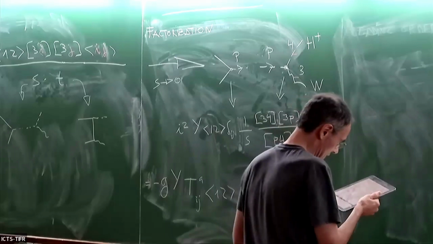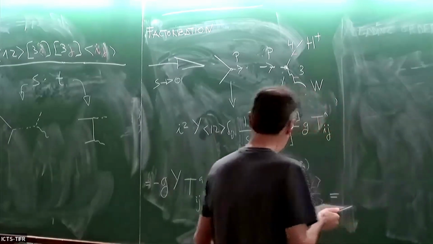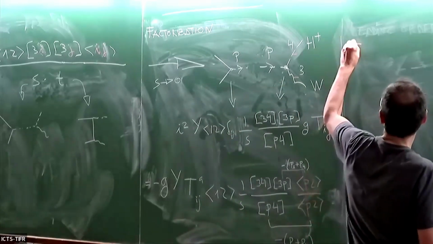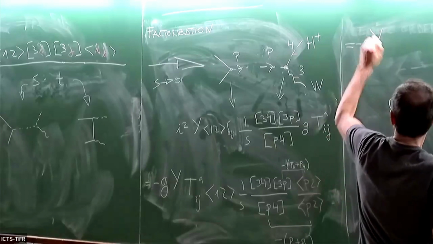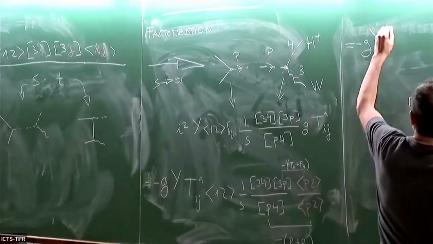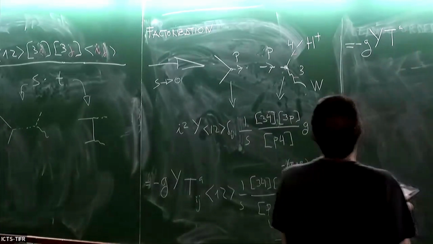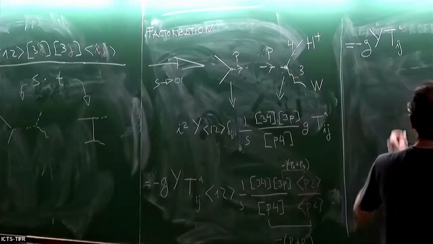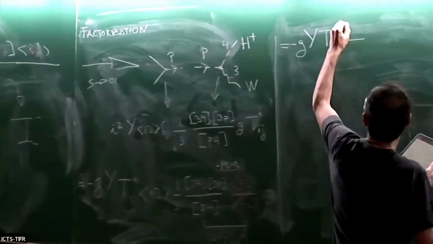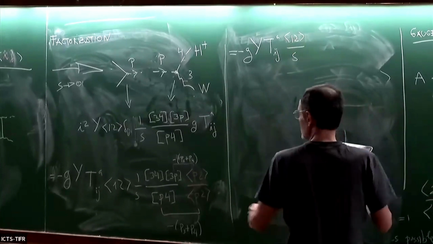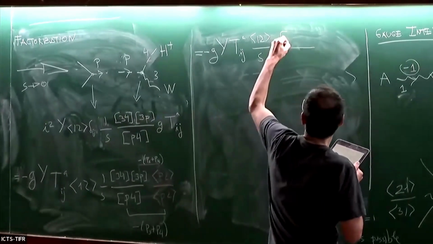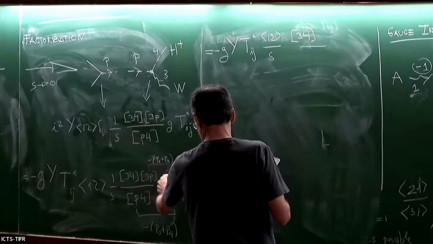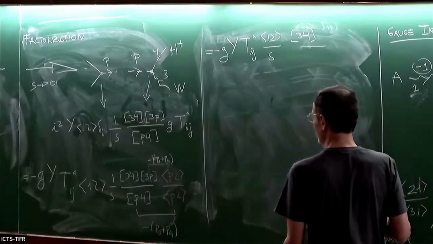Similar here. So at the end of the day, this factor can be written as a minus G. I'm not doing badly. This is this factor 1, 2. And if you don't see this, I can tell you later on how to do it. It's the conservation of momentum, the property I told you.